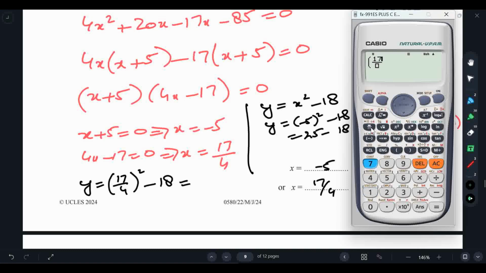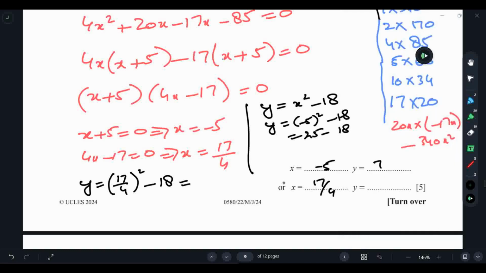Fraction 17 over 4 whole square minus 18. So this will be equal to 1 by 16. Okay, these two will be the final answer.